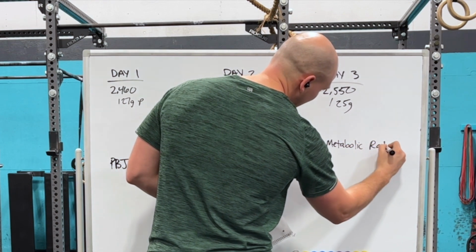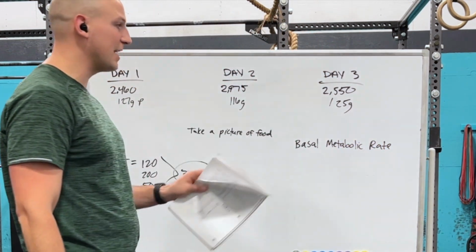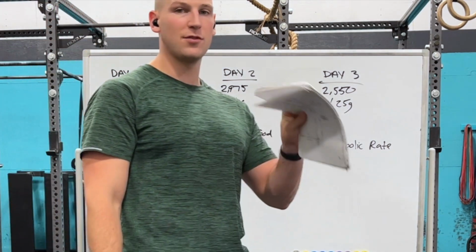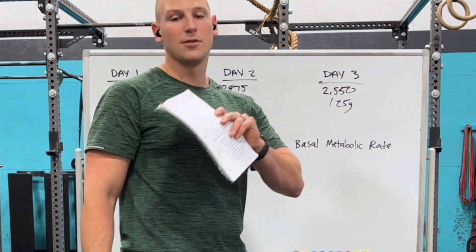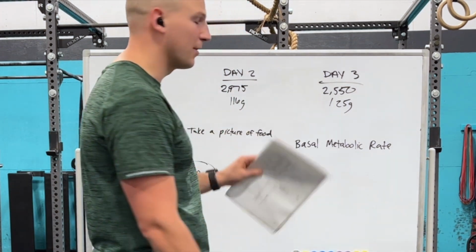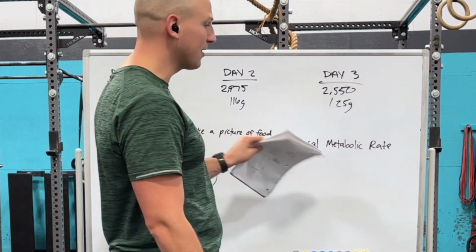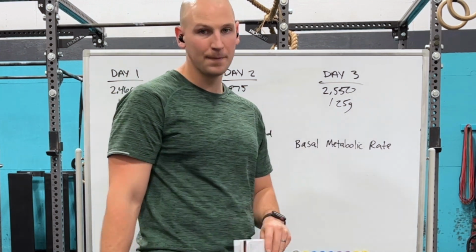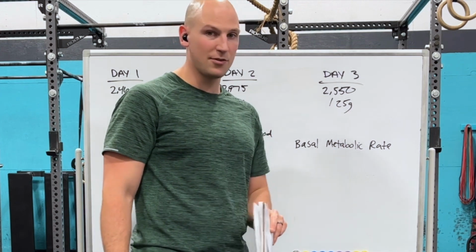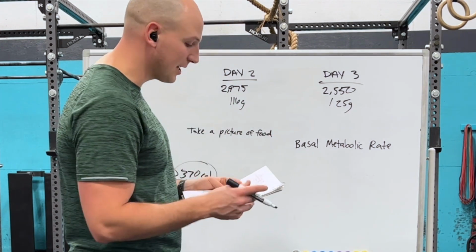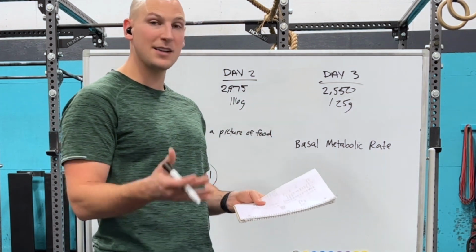Basal metabolic rate. That's essentially how many calories you burn just from existing, right? For your lungs to work, for your heart to beat, for anything to happen, you're going to burn calories. So this will give you the baseline of calories burned for someone. I'm going to put a link in the description of this video that gives you one of those calculators. The calculator I'm going to link is nice because it will also tell you by activity level.